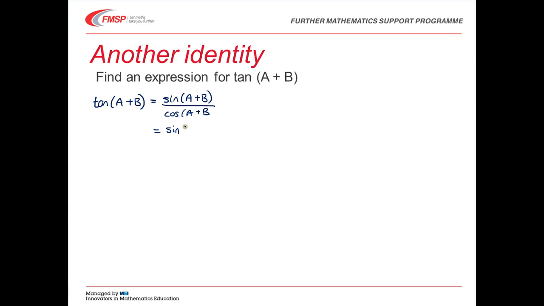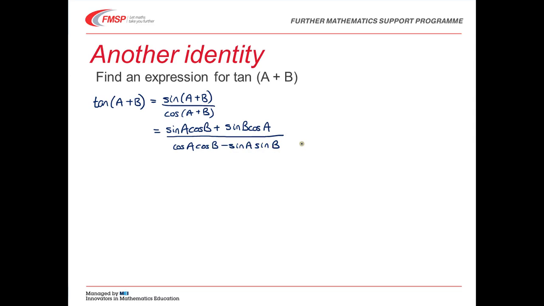So sine of A plus B is sine A cos B plus sine B cos A, and cos of A plus B is cos A cos B minus sine A sine B.